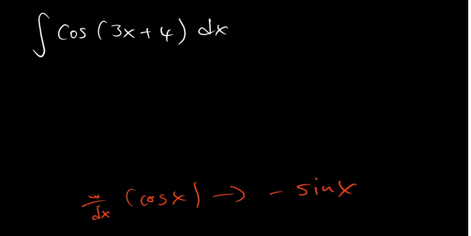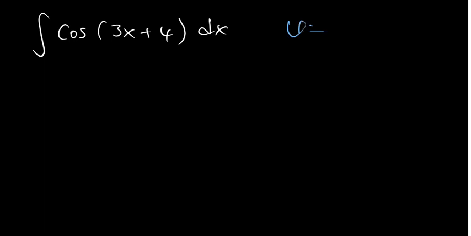So all the same here, we'll let our u be equivalent to whatever is in the brackets, right? So let our u be equal to 3x plus 4. So I have our integral of cosine of u and then dx. So let's go ahead and differentiate whatever we have.